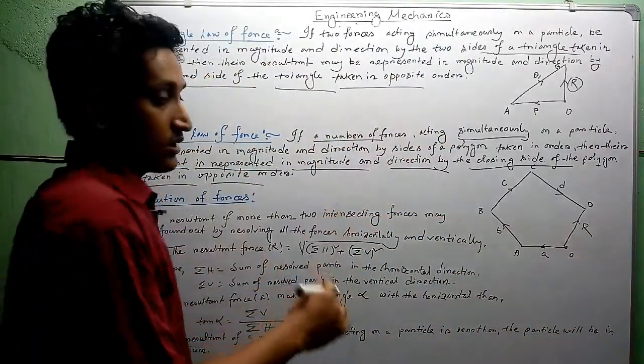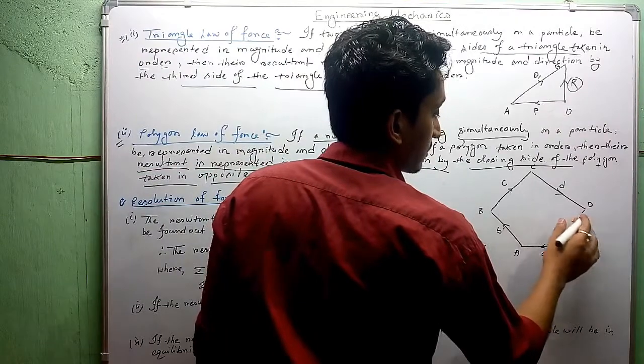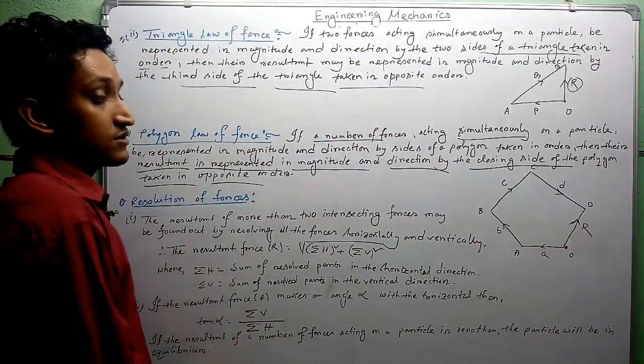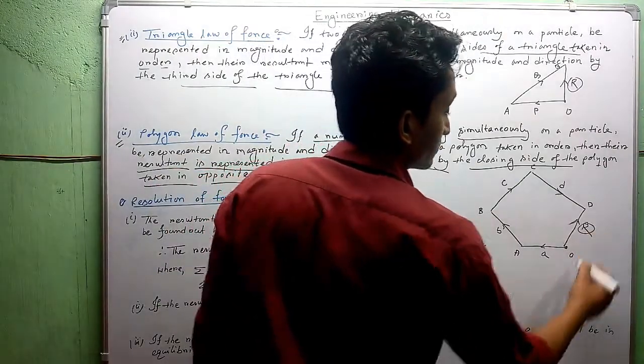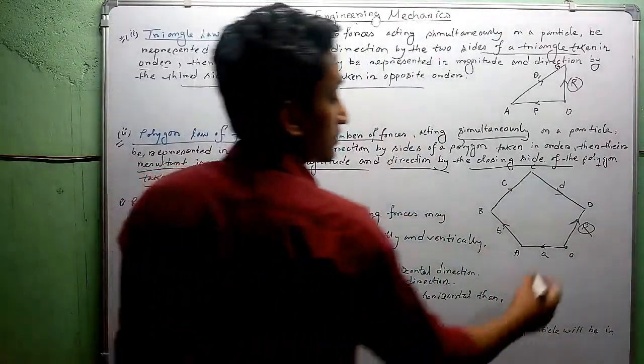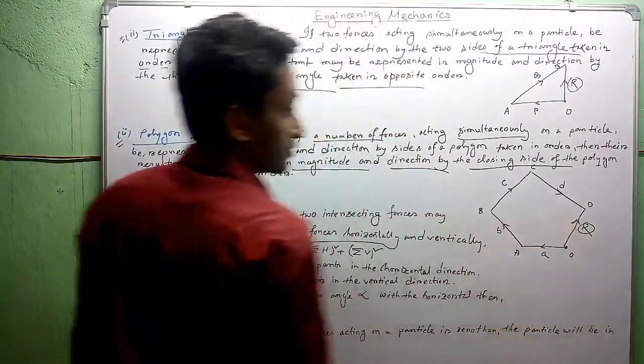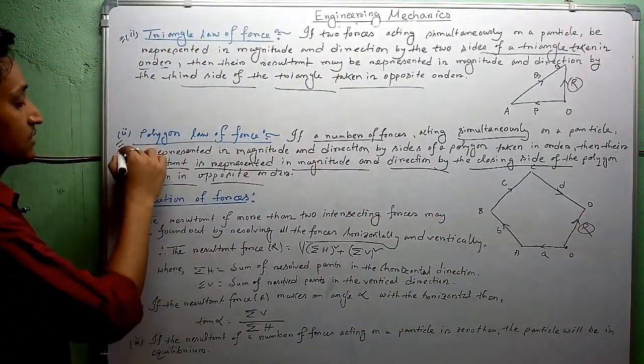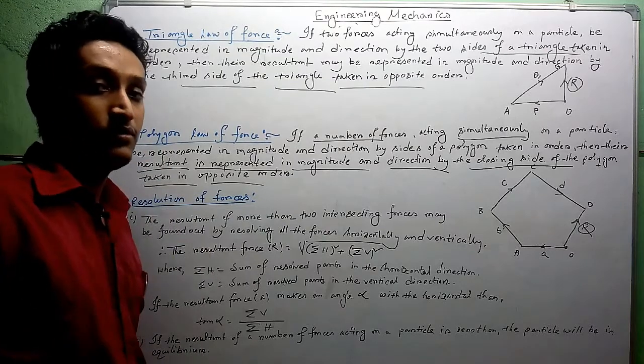That means the magnitude is R and the direction is along the closing side of the polygon in the opposite direction. That is the definition of the polygon law of forces.